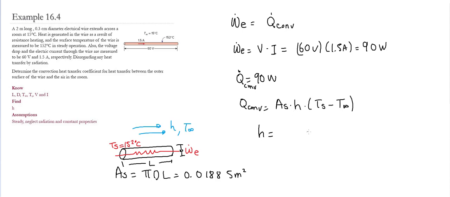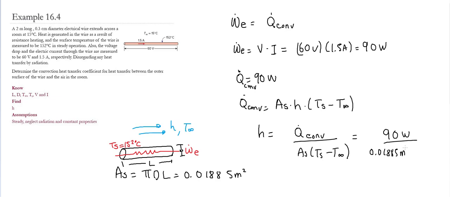So h is simply going to be the heat transfer rate due to convection divided by the surface area and the difference between the temperature of the surface and the ambient temperature. So we have this to be 90 watts. The surface area is 0.01885 meters squared.